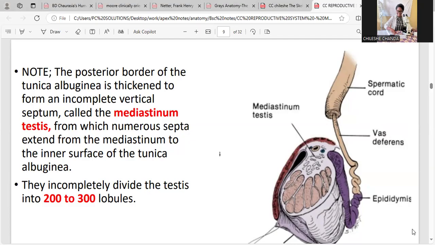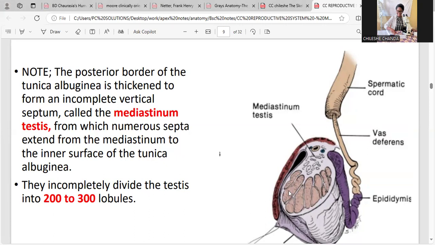And then we find that this tunica albuginea sends connective tissue septa inside the testis.